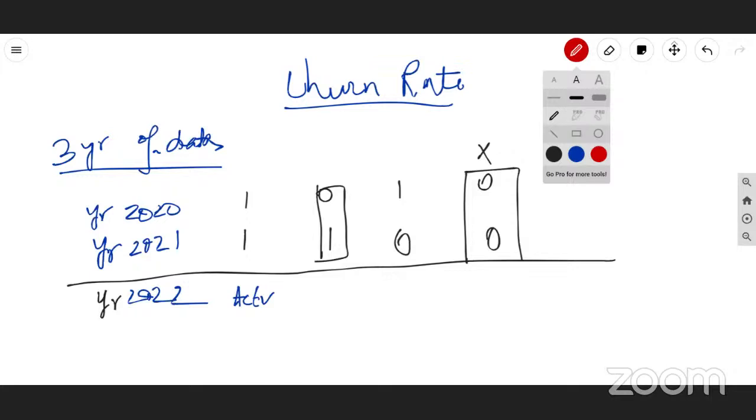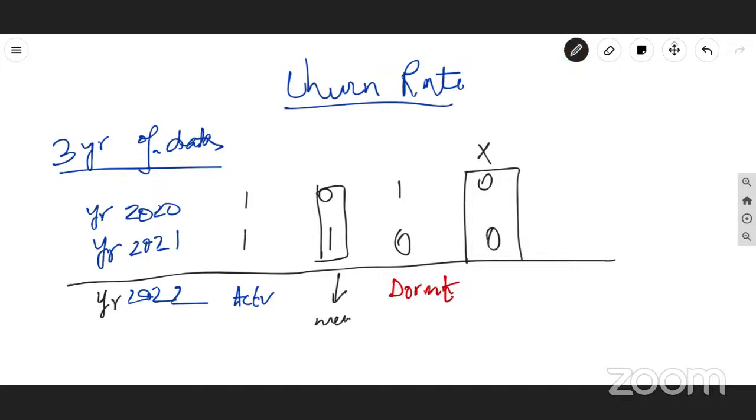More likely that in 2022 he will not visit. So it's dormant. 01 again is a new set of customers. So it's difficult to identify whether the customer will be active or dormant.